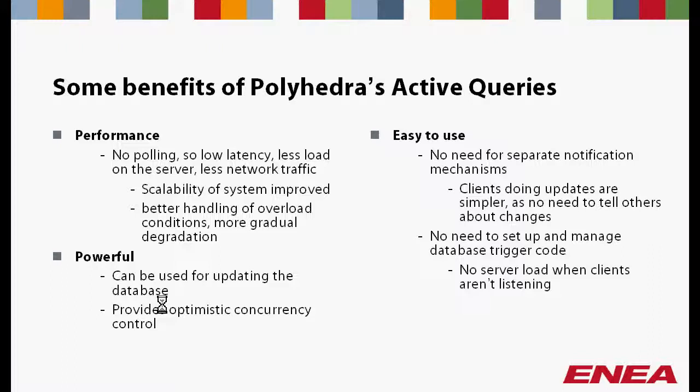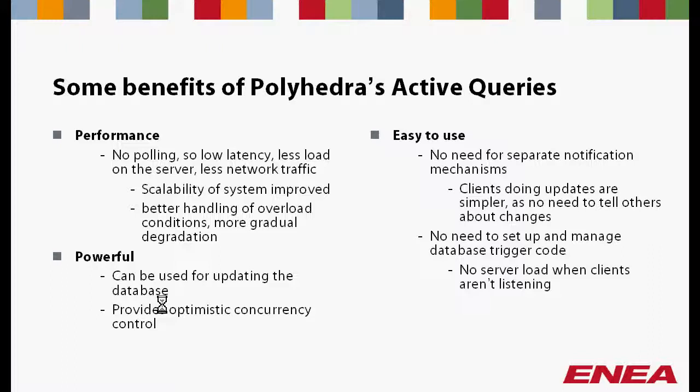Also, there's much less network traffic because there are not the constant query load going through from client to server that would be needed if the client was doing continuous polling. As a result, the overall scalability of the system is improved, and should the system start misbehaving, then you get a much better degradation of performance. It's much more gradual rather than catastrophic.